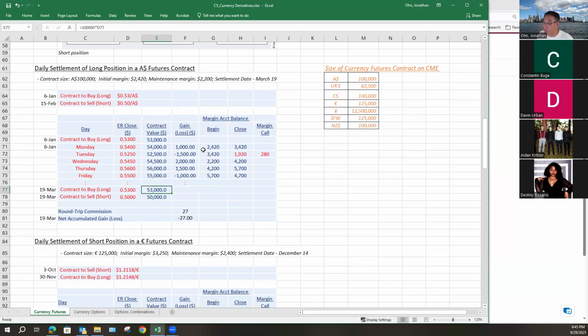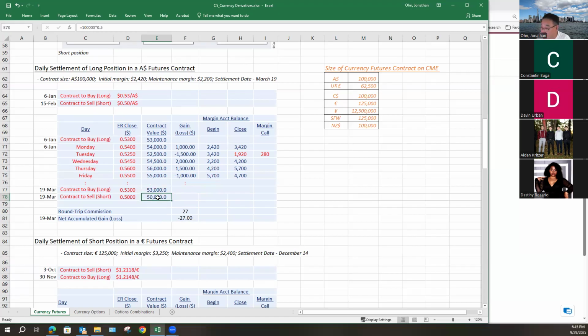But on the way, you got into a short position to get rid of this long position. That was at 50 cents per Australian dollar. So from this short position, you are expected to get $50,000. That's 100,000 times 0.50.